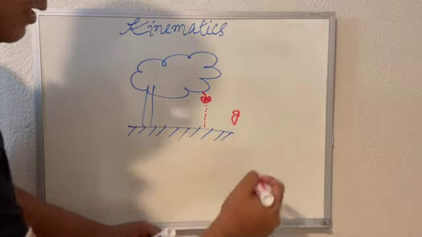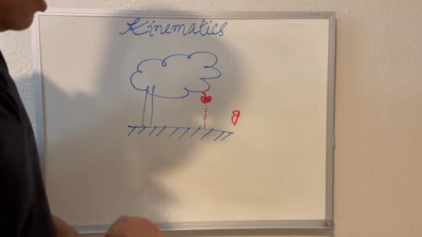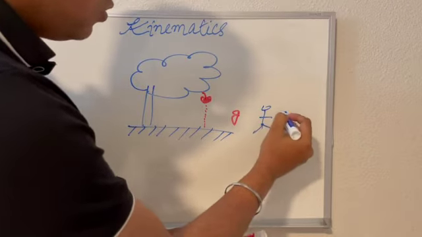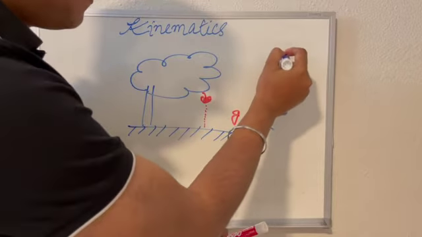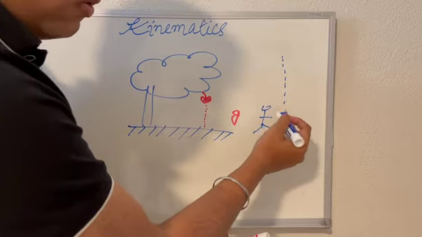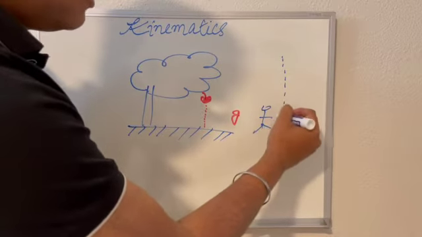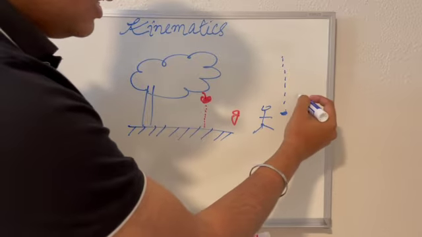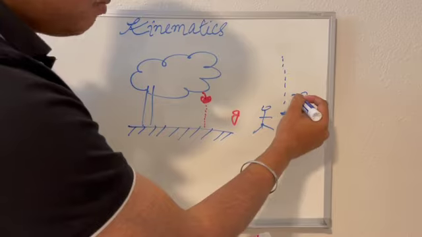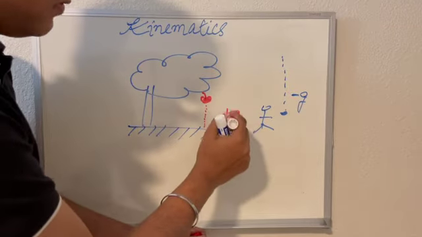Similarly, if somebody throws a stone up, the stone is also moving against the gravity, so the acceleration acting upon the stone is g, but because it's moving against the gravity it is minus g, and when the apple falls, it is positive g.